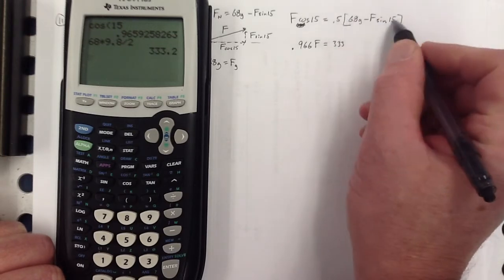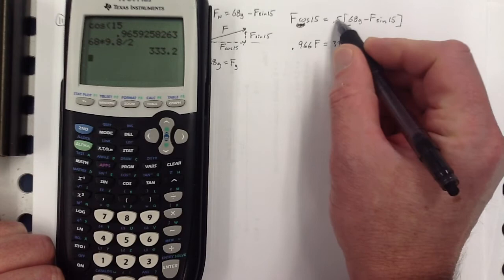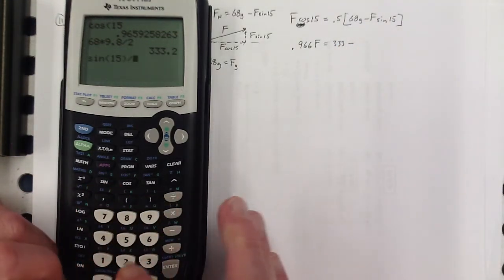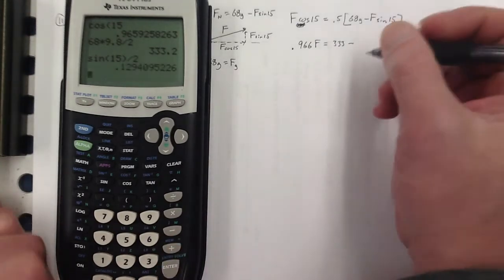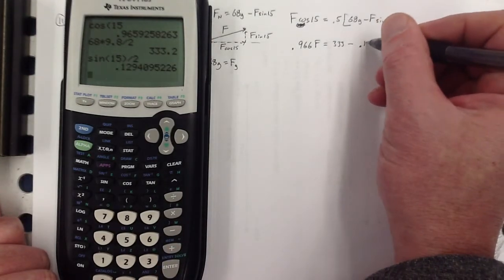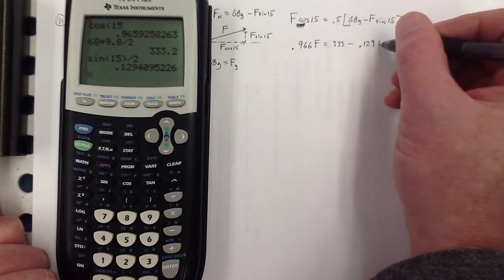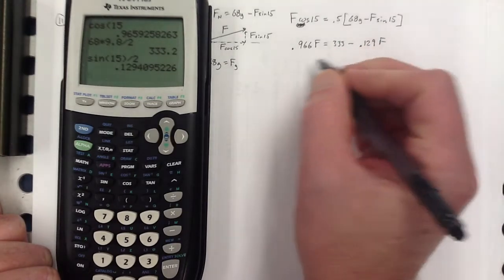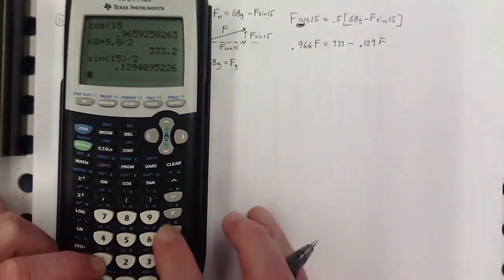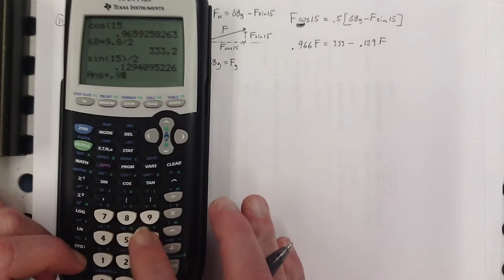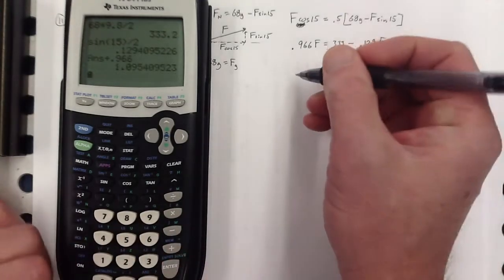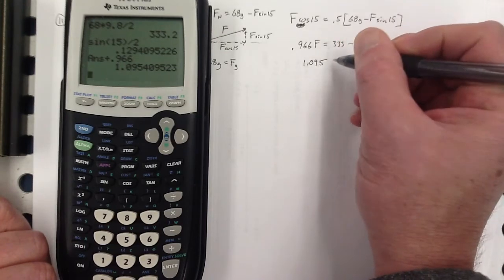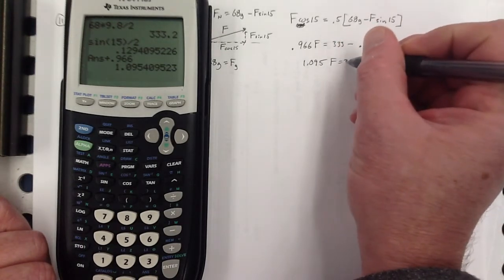And then distributing that in here, half of a sine 15, sine 15 over 2, is 0.129 F. And if I add that over here, 0.129 plus 0.966 is 1.095 F equals 333.